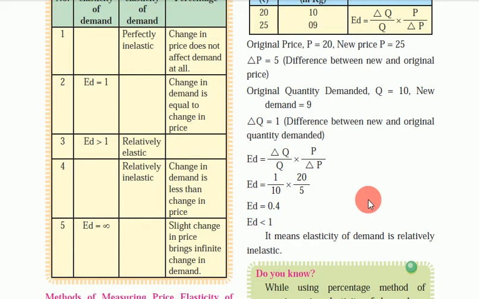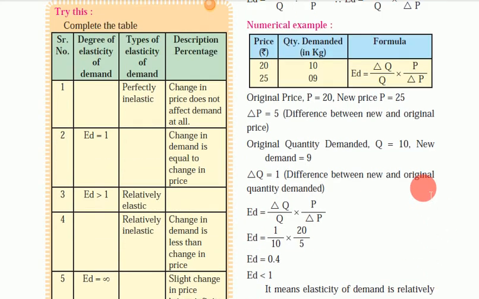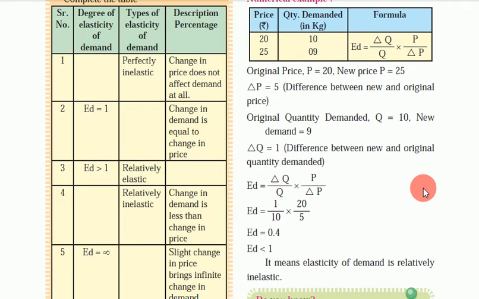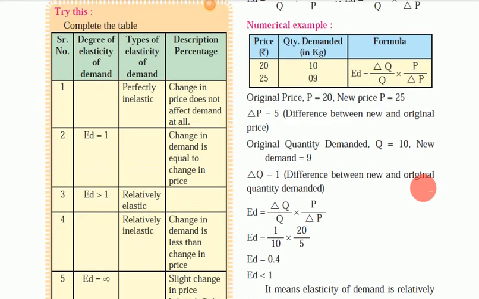And if we get an answer more than 1, then the demand is relatively elastic. Here the answer is 0.4, which is less than 1, so the demand is relatively inelastic. With the help of this formula we can easily calculate the elasticity of demand like this.